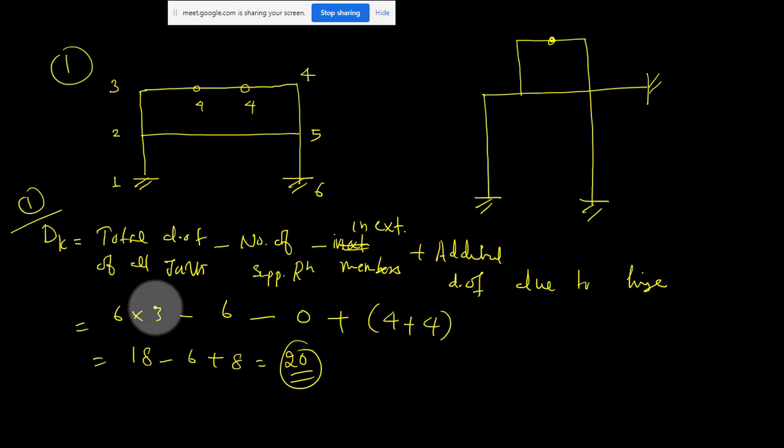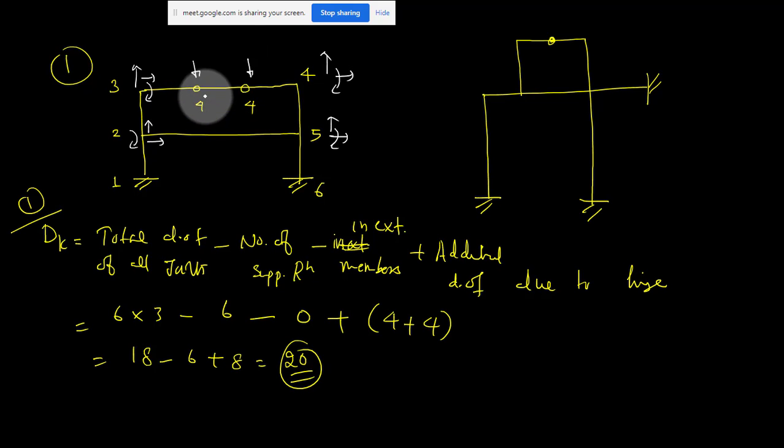So what are those degrees of freedom? I can draw it. So here 0 at this joint. 1, 2, 3 at this joint. 1, 2, 3 at this joint. 1, 2, 3 here also. And here 1, 2, displacement and rotation.